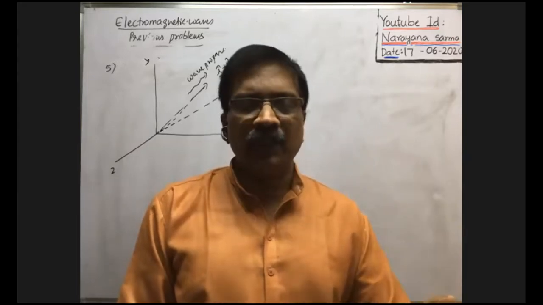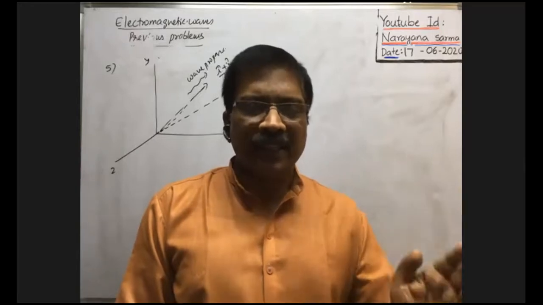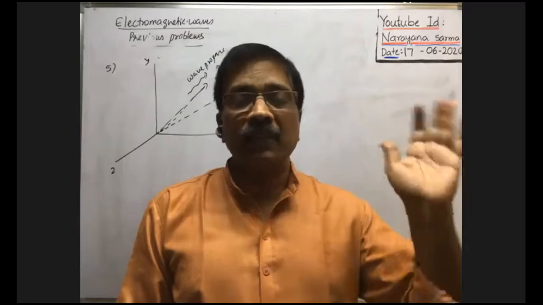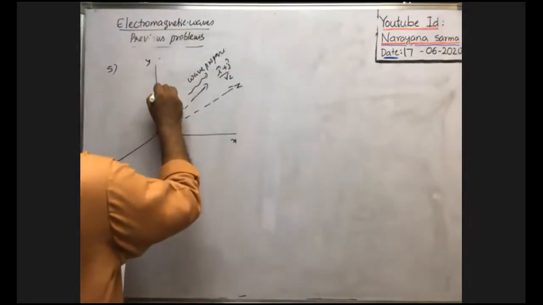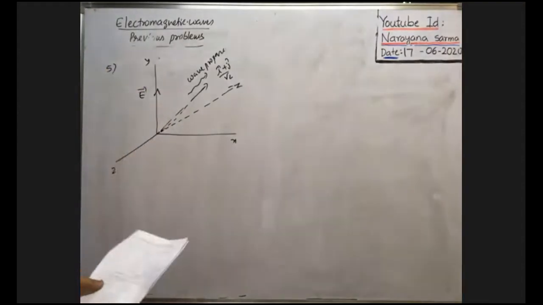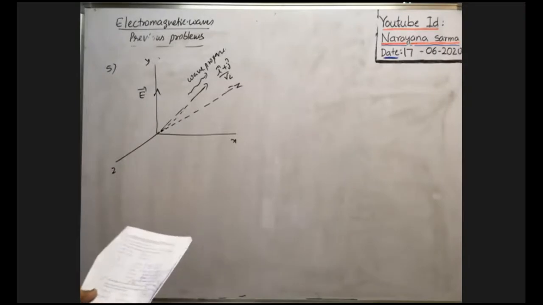Polarization along k cap means the electric wave is along k cap. So the intensity of the electric field is along this direction. Then the correct waveform of the magnetic field is dash.